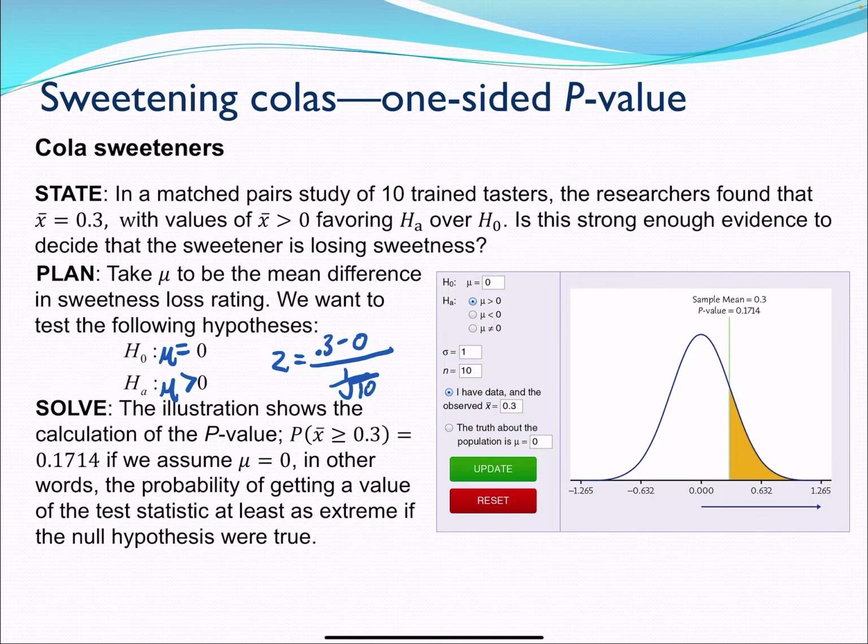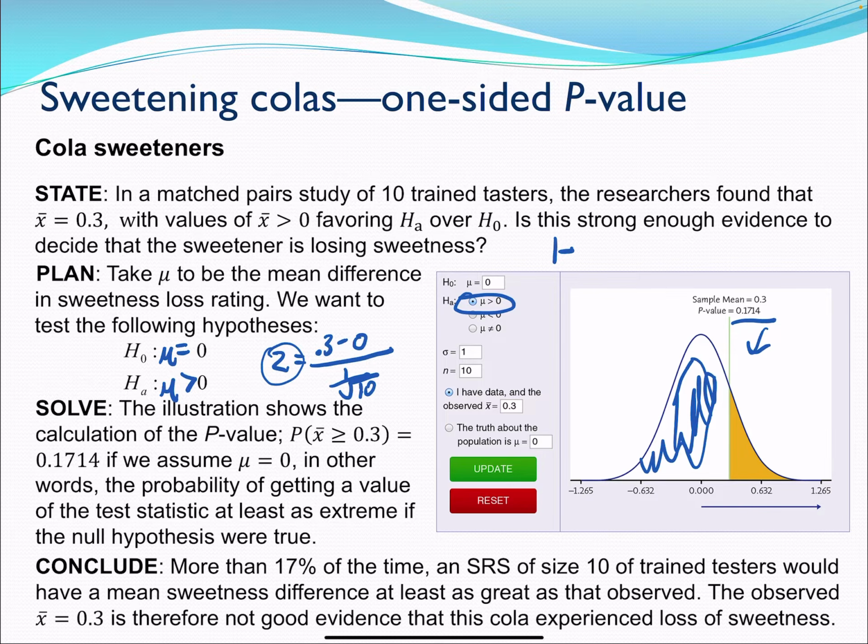And that gives me a z-score. And from that z-score, we find our p-value. Because it's greater than, we have to take 1 minus our z-table value, because our z-score would have given us the area to the left. And I find that the p-value is 0.1714.